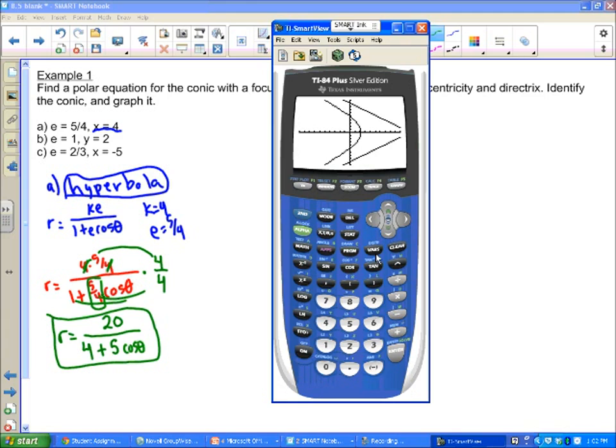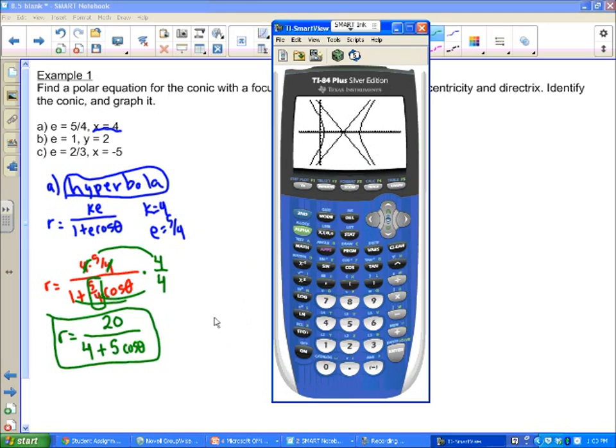Terrible, terrible things happened. This is supposed to be a hyperbola. Oh, this isn't really that bad. We just need to make our window bigger. We need to go more to the right. I don't really know how much. Let's try that. See, look, that's totally a hyperbola with the x in the middle for the asymptotes.